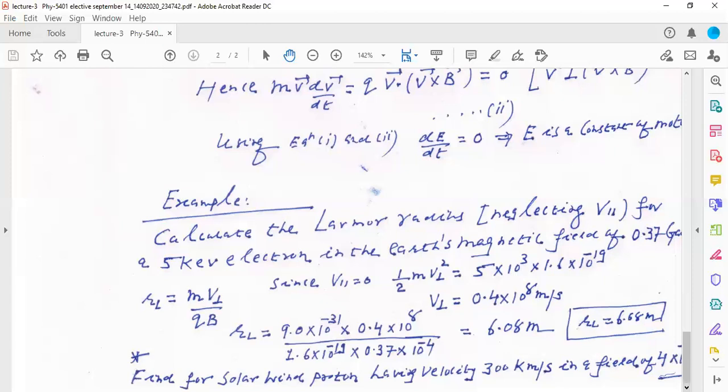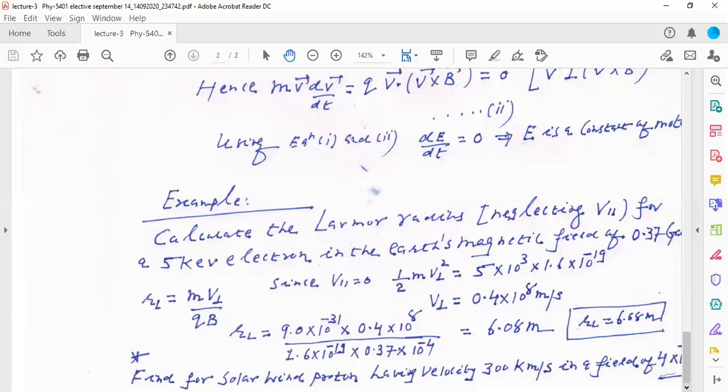And we will have a very important concept of drift, known as the electric drift, which I want to discuss. So in the next lecture, we will discuss what the electric drift is, and we will find the equation of motion of a charged particle in a combined field, that is, in an electric field and magnetic field which are perpendicular to each other.